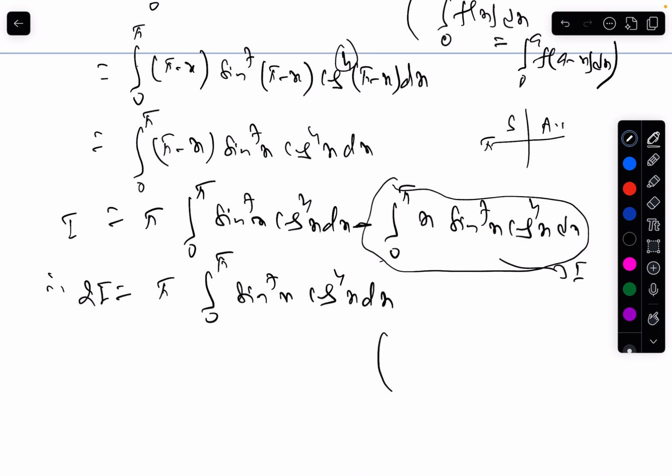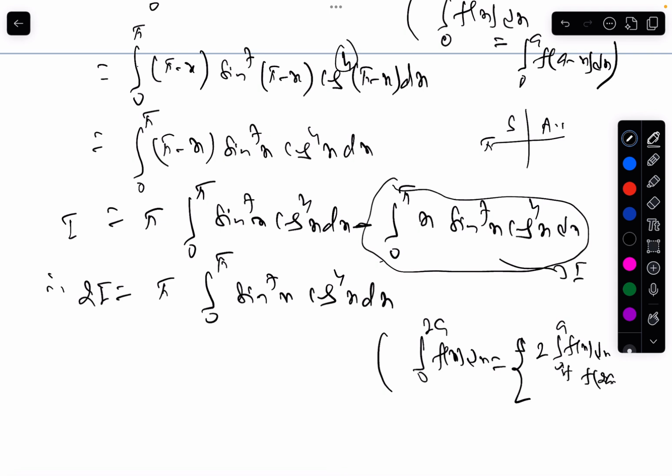Again we use one result: integration 0 to 2a f(x) dx is equal to 2 times integration 0 to a f(x) dx if f(2a minus x) is equal to f(x), and equal to 0 if f(2a minus x) is equal to minus f(x).